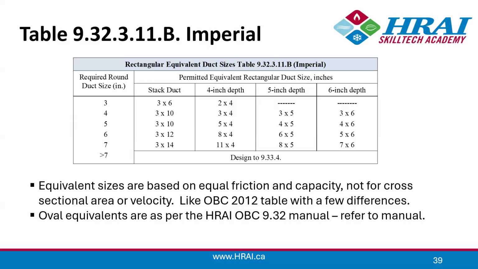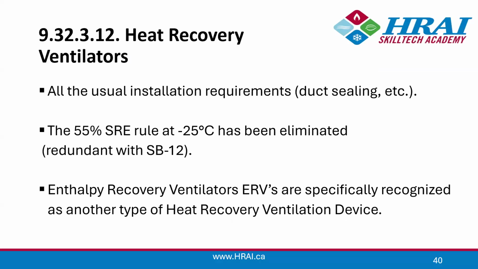And then in 932.312, we get a lot of detail about HRVs. It's all the usual things that we've seen before, so duct sealing and all the rest of it. The 55% sensible recovery efficiency rule has been eliminated, so no longer caring about that.